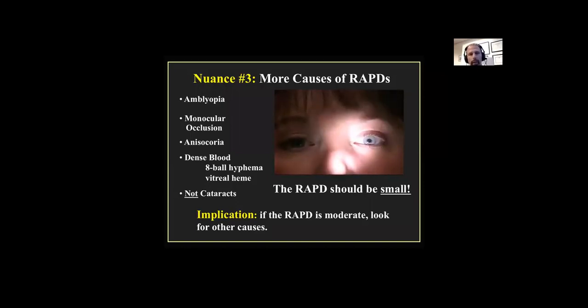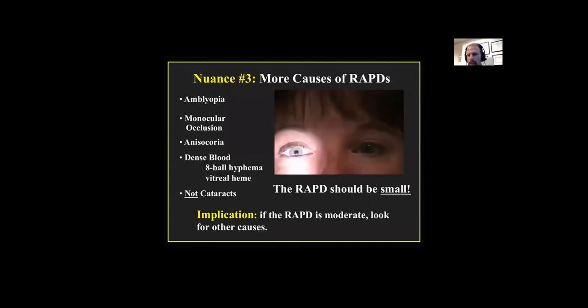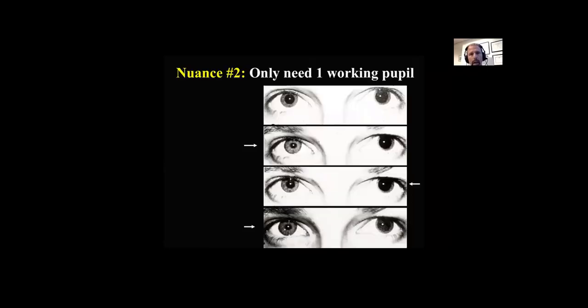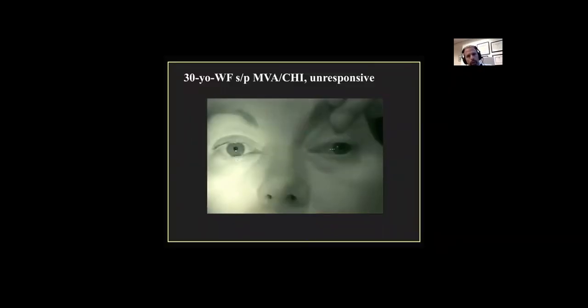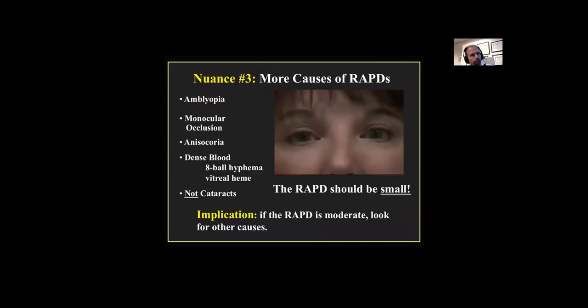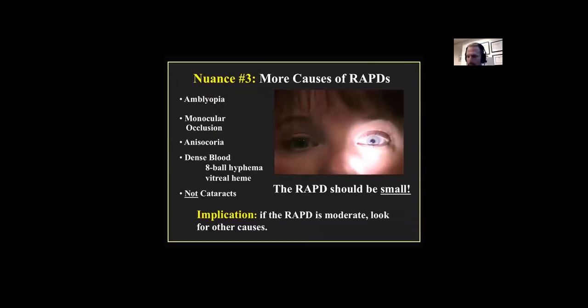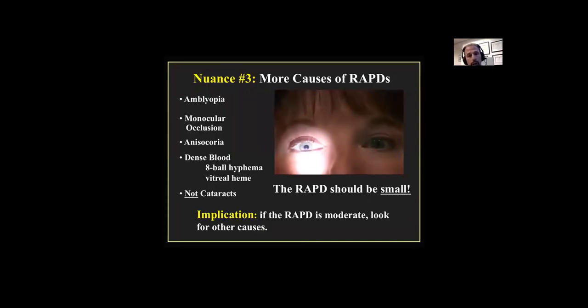Really dense blood in the eye, so an 8-ball hyphema, that means the front of the eye filled up with blood, a vitreal hemorrhage that is very dense, that does not allow you to see details of the fundus, might cause a small APD, but those sorts of things, if there's more than a small APD, you've got to look for other problems.